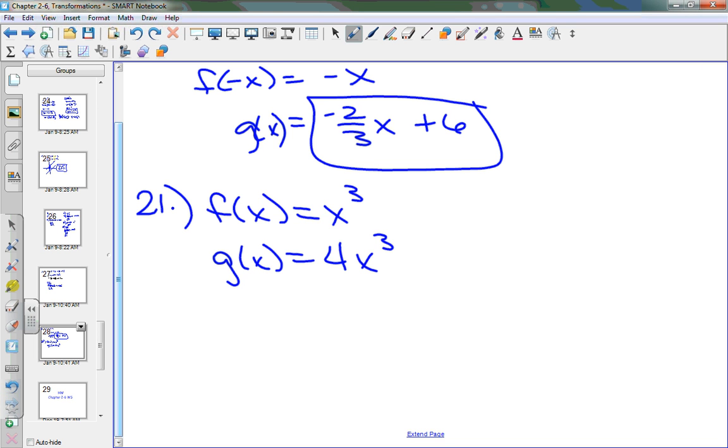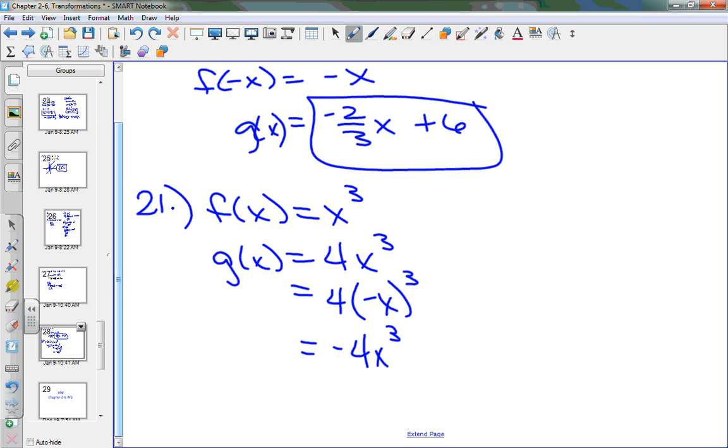Then what? It says reflected over the y-axis. So if it's reflected over the y-axis, what changes? X or y? X. So every place I see an x, what am I plugging in for? So this is going to be 4 times negative x cubed. And what's a negative times a negative times a negative? A negative. So what this actually is going to be is negative 4x cubed. Do we see that?